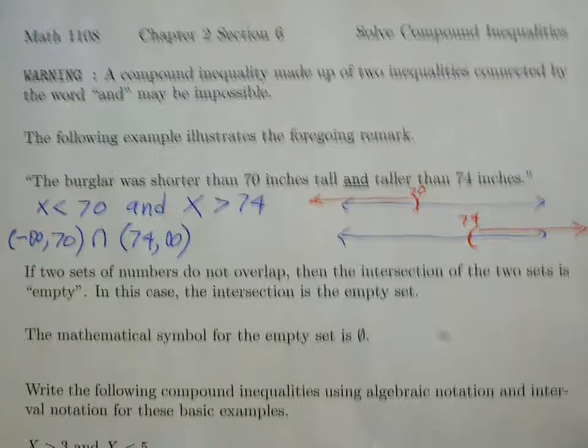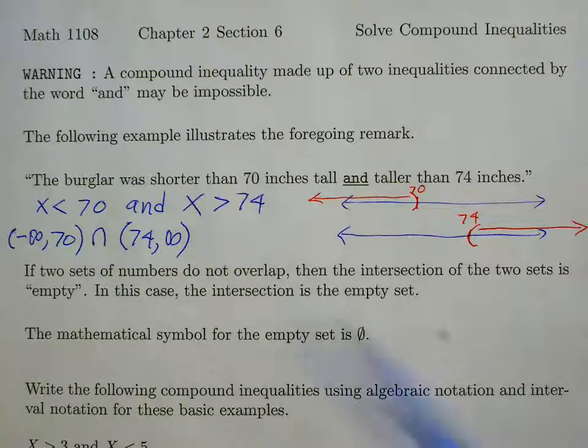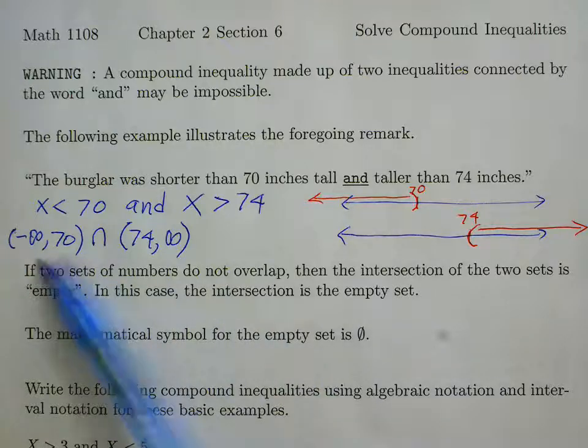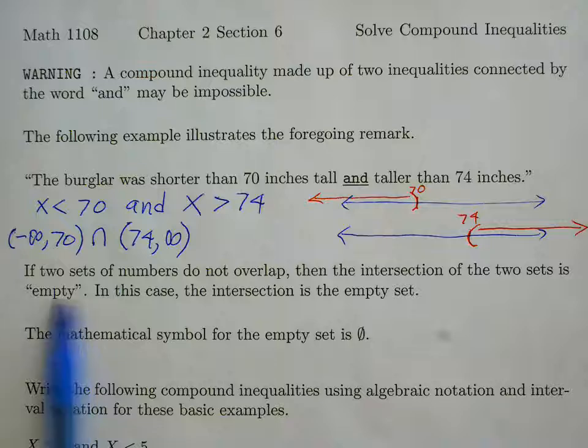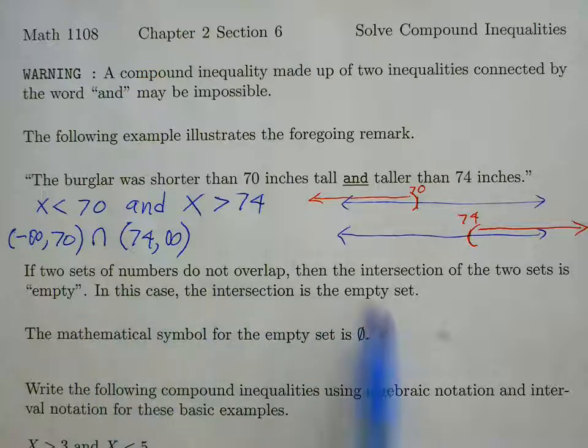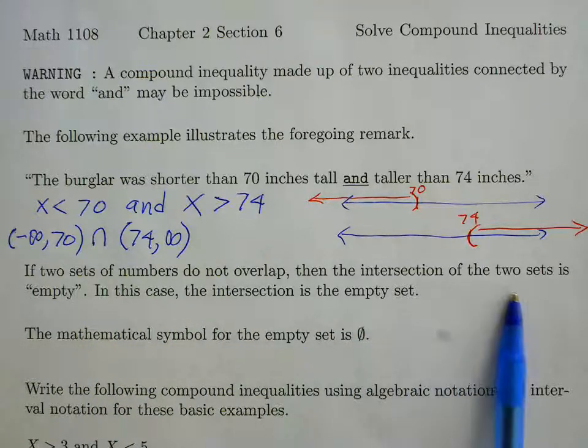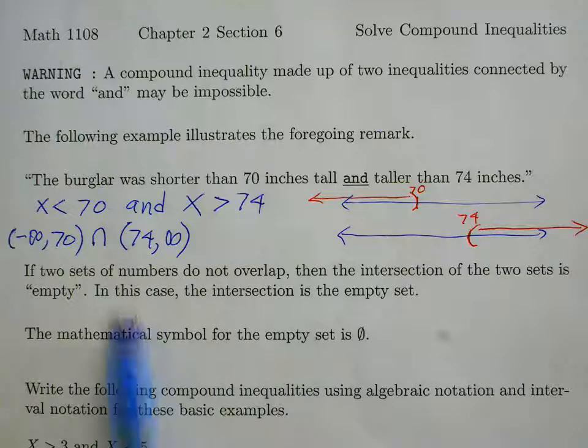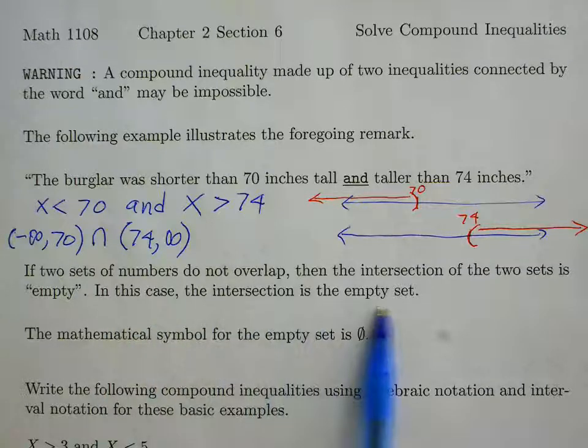So let's read the next couple of statements, and then I'll write down how we would express this intersection. If two sets of numbers do not overlap, then the intersection of the two sets is empty. So in this case, the intersection is the empty set. The empty set is just the set that doesn't have anything in it.